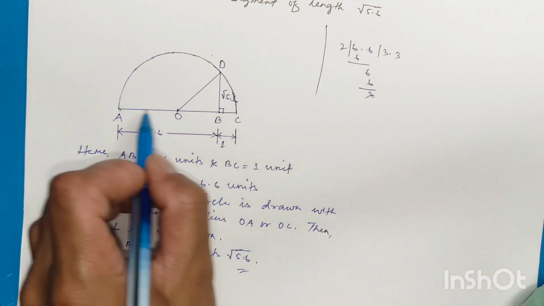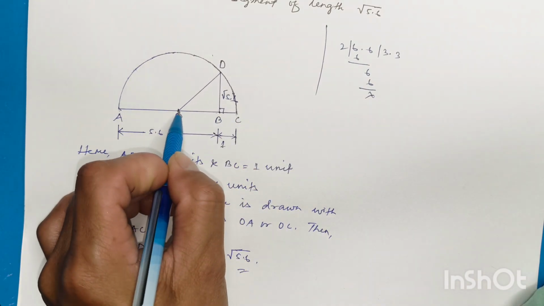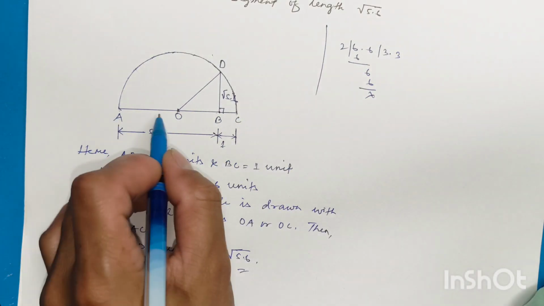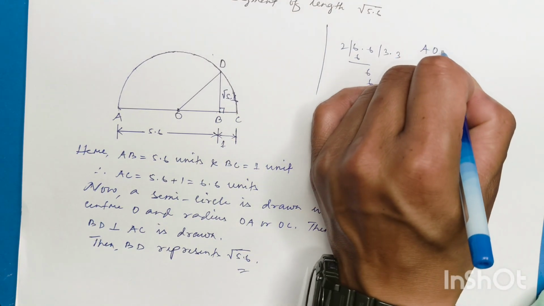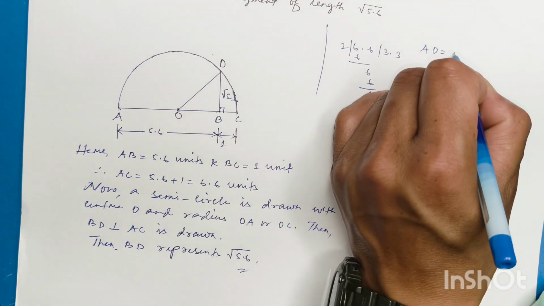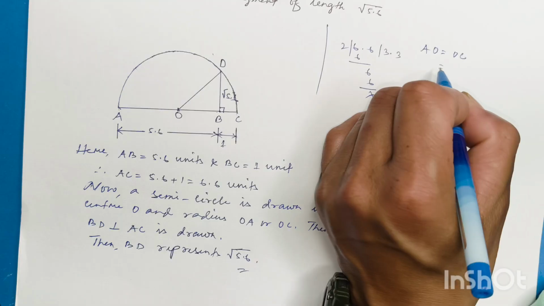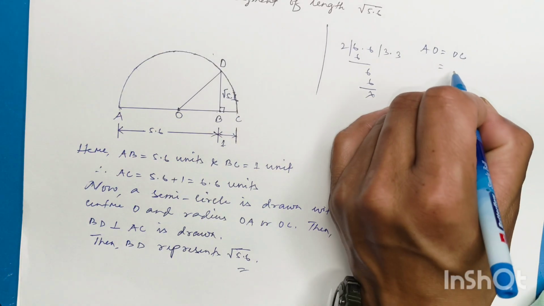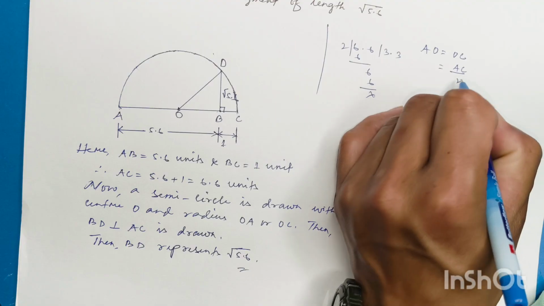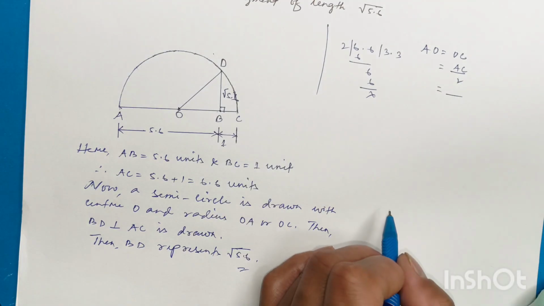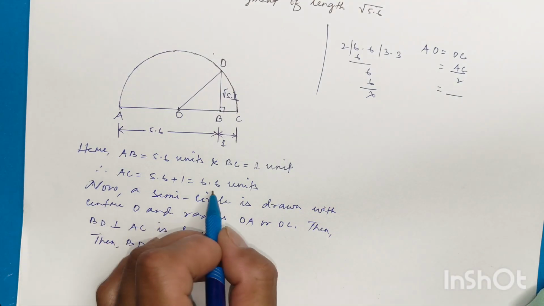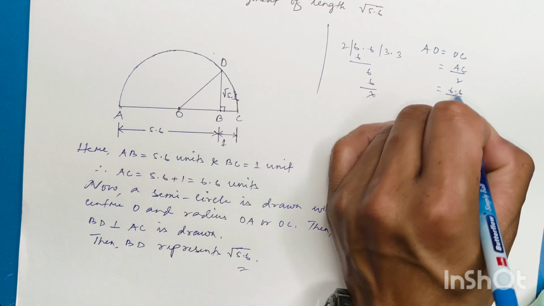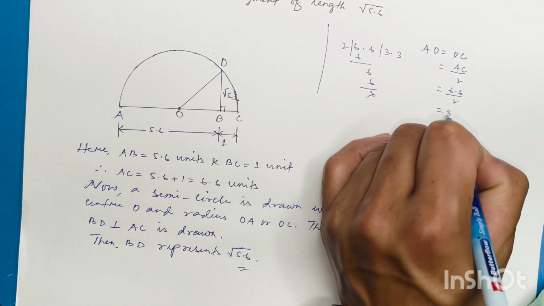If AC is bisected at O, we know that AO equal to OC. AO and OC are half of AC. AC length is 6.6. 6.6 half is 3.3.